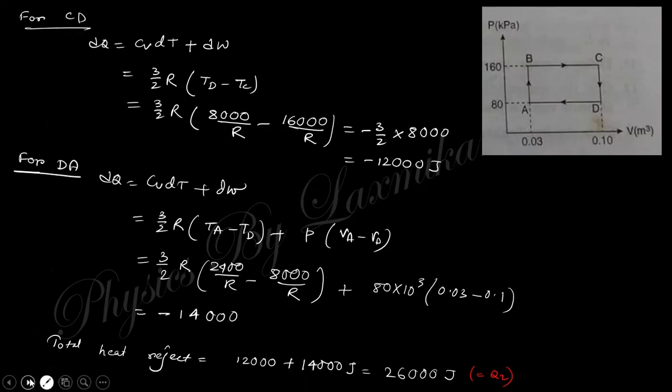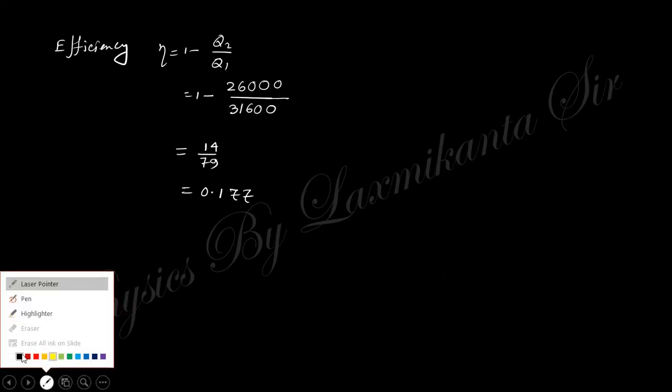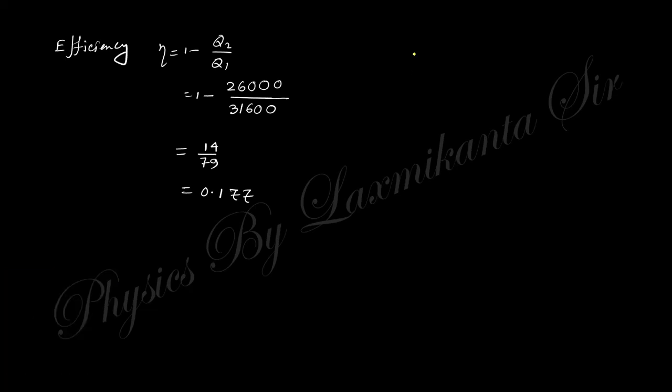So the efficiency is nothing but 1 minus Q2 by Q1. This formula will actually be obtained in the second law of thermodynamics, but you can remember that the efficiency eta is nothing but W by Q1. If you take this temperature T1, that is called the source, and this temperature T2, that is called the sink.